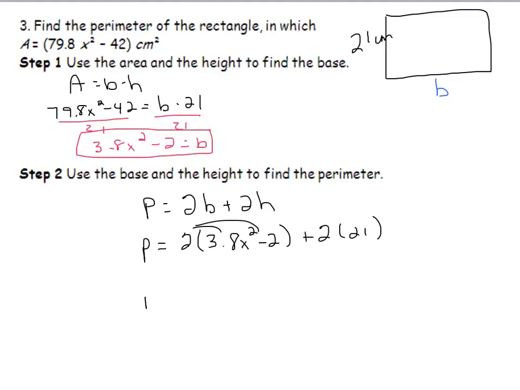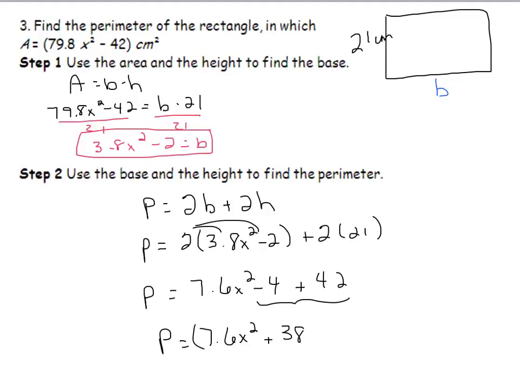Distribute. My perimeter is going to be 7.6x squared minus 4 plus 42, and then combine like terms. So your perimeter is simply 7.6x squared and then plus 38. Now don't forget, we're working in centimeters here, so your answer should be in centimeters.